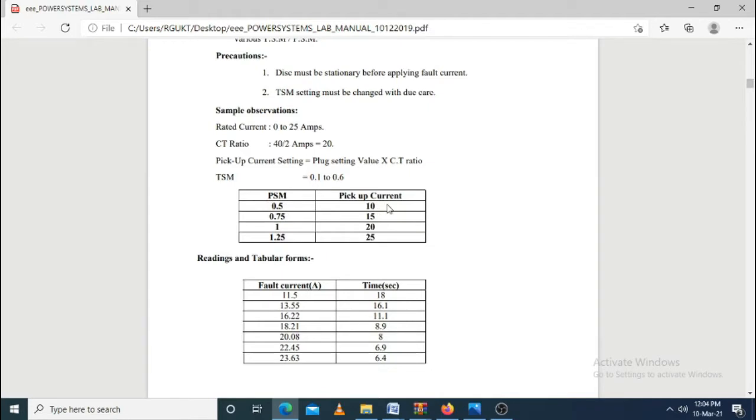Above 10 amps the relay will operate; below 10 amps the relay can't operate. Here the fault currents are more than 10 amps. So 11.5 amps takes 18 seconds, and 13.55 amps takes 16 seconds. These are normal values.